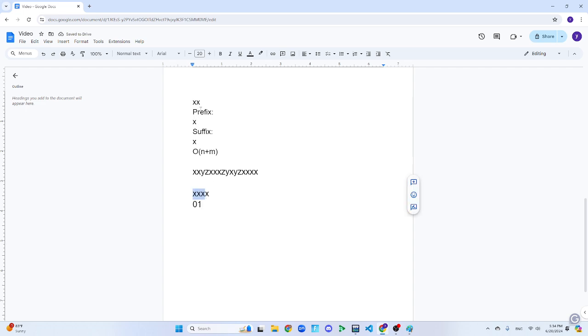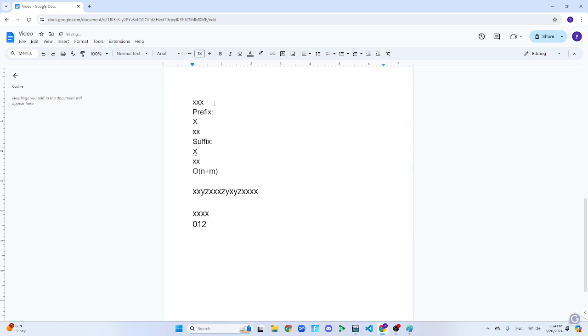And now we're at xxx. They have prefixes of x and xx, and suffixes of x and xx. So now we see that the biggest common prefix and suffix is xx, which has a length of 2.